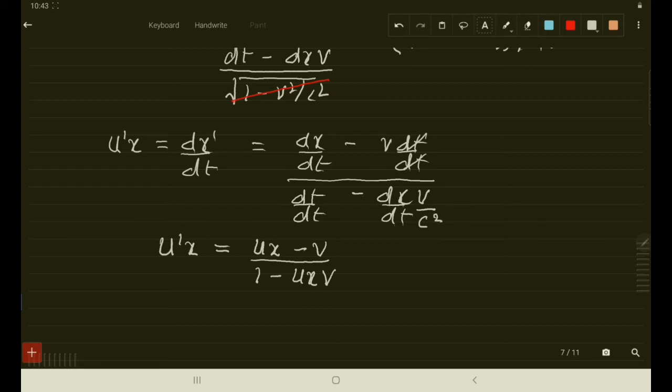This here c square is there, divided by c square. So this is a transformation equation. It is giving us a way to convert velocity from one frame of reference to another frame of reference. Now this is for the parallel component of the velocity.